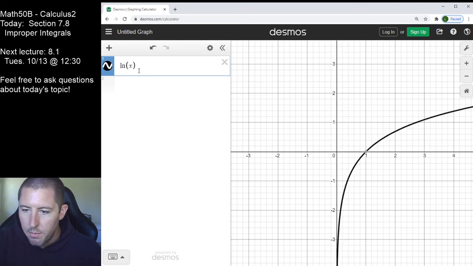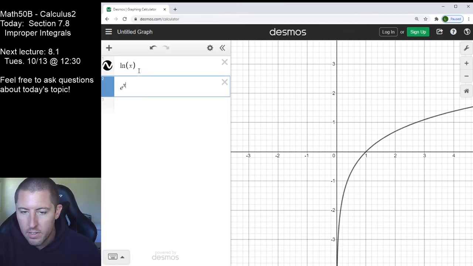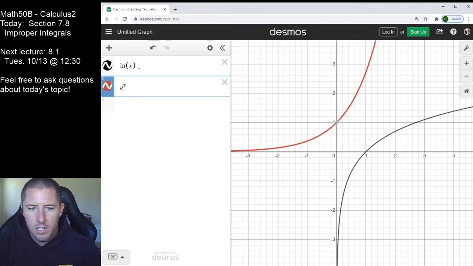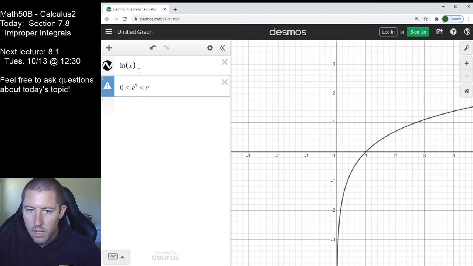No, I'm being dumb here. How did I set this up? I literally just did this like an hour ago, and now I can't think of it. In any event, e to the x right here. Shouldn't I just be able to say, like, the y value should go from 0, let's equal e to the x, less than y. Is that not like a reasonable statement for me to make?